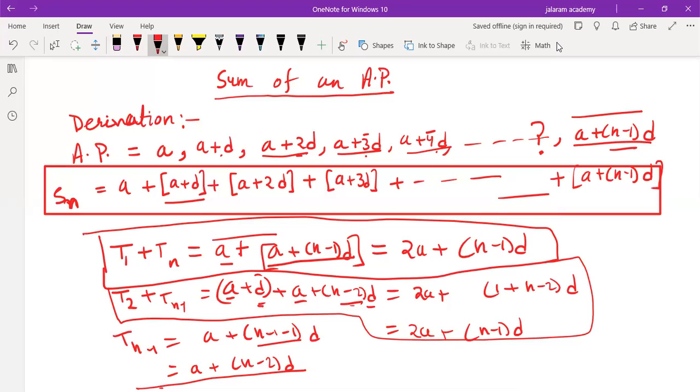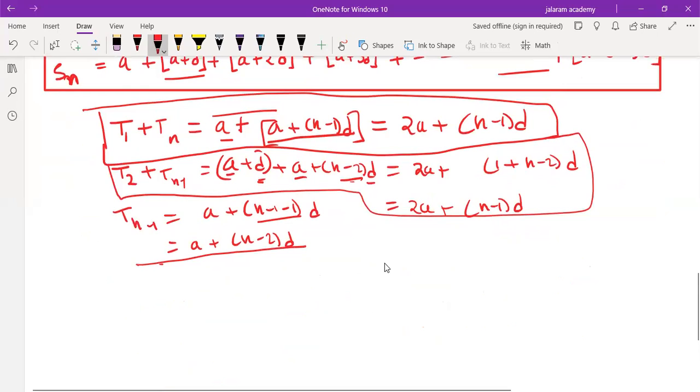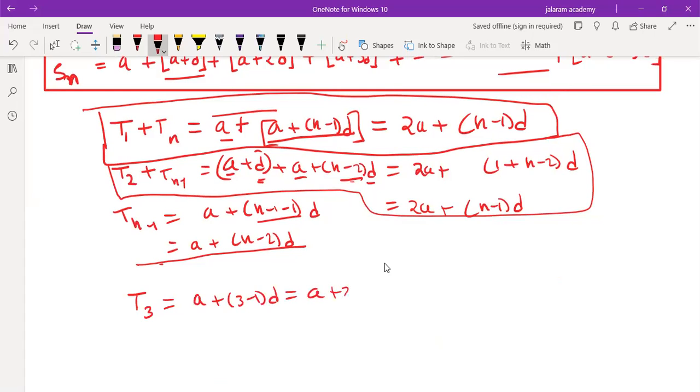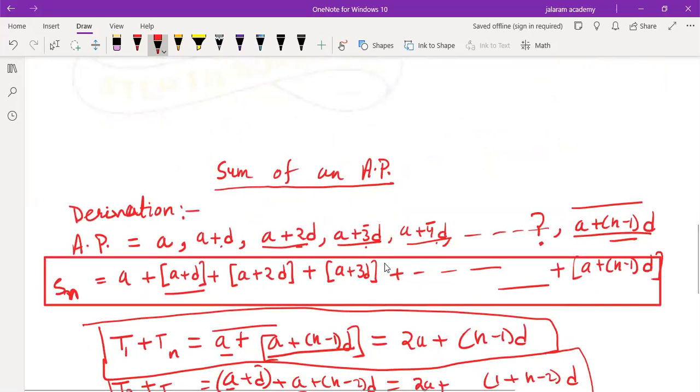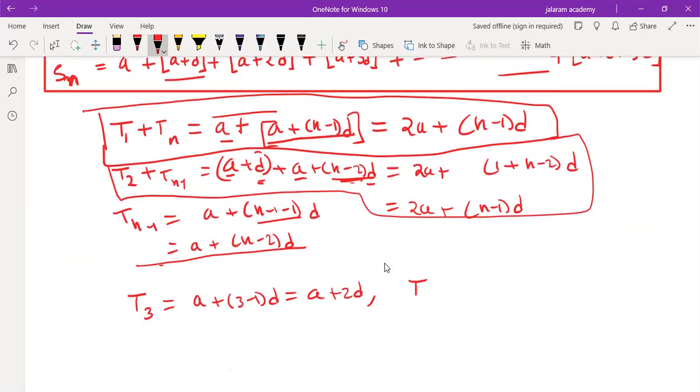Now if we add the third term from the beginning and the third term from the end. Can you tell me what will be the third term from the beginning? We represent it by T3. It is A plus 3 minus 1 D, that is A plus 2D. And the third term from the end, means which term? The nth term is the last term, it is A plus n minus 1 D. The n minus 1th term is the second last term, it is A plus n minus 2 into D. And the third term from the end means the n minus 2th term.